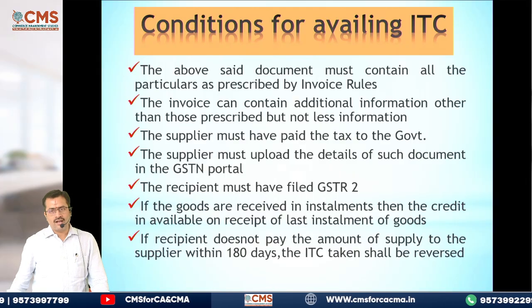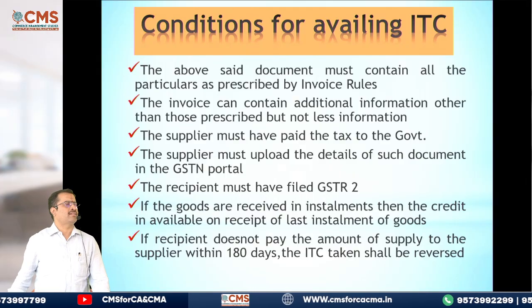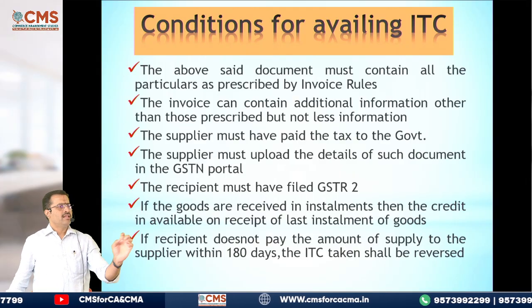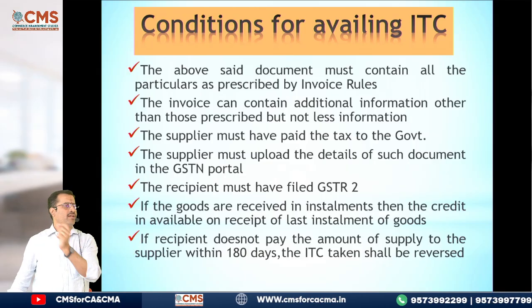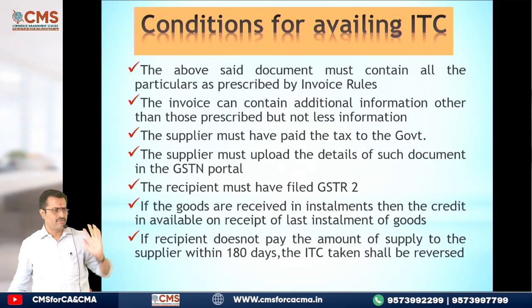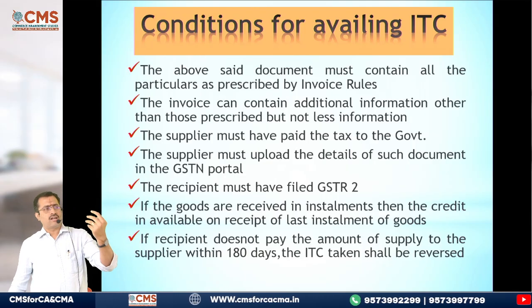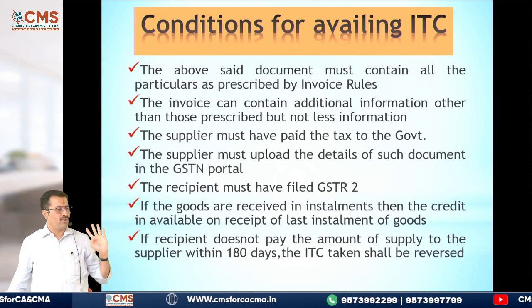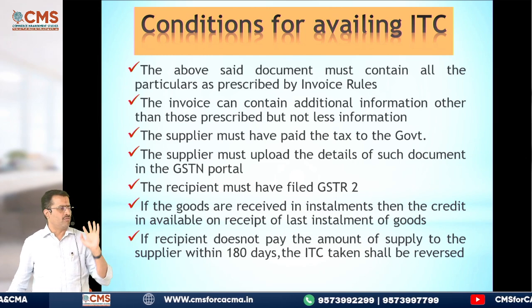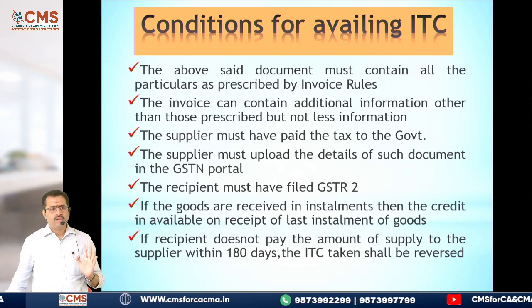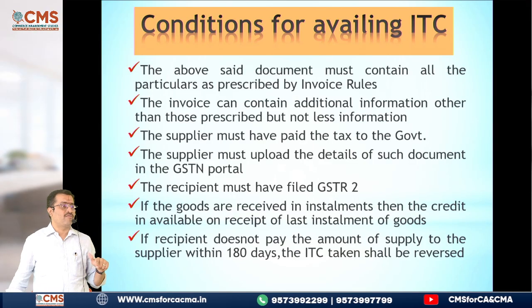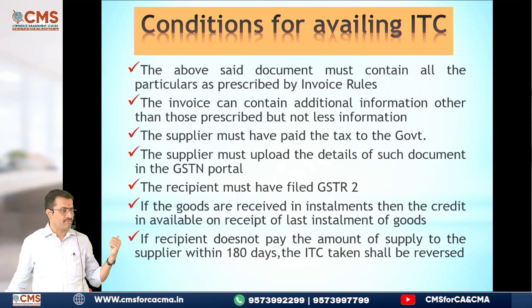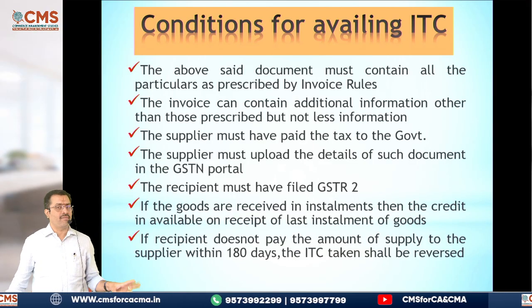What do you mean by that? Simple. In an invoice, you can mention your email ID, phone number. Similarly, you can write goods once sold cannot be taken back. You can also give your WhatsApp chat, Instagram page link, everything, no problem. But it should not have less information than what we discussed. So mandatory fields are mandatory.